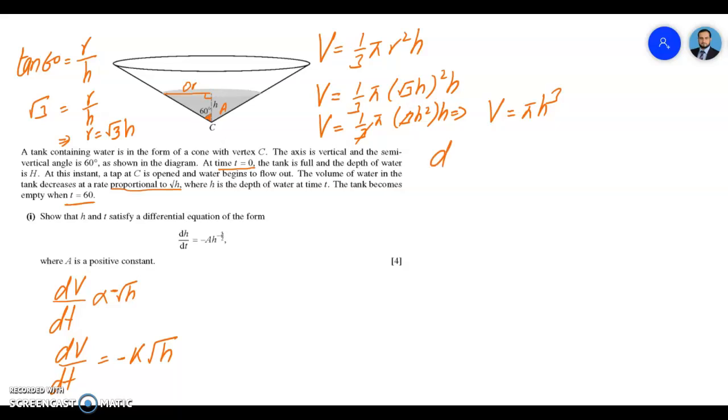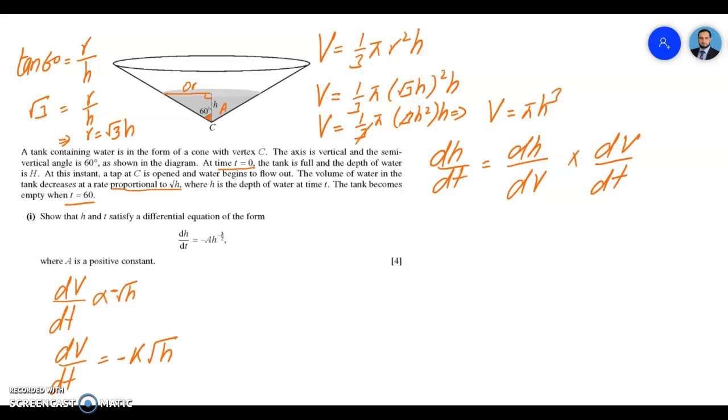So we can use the chain rule. So dh by dt is equal to dh by dV times dV by dt. Since we know dV by dt is already there, which is negative k root h, the only thing we need to do is differentiate this and take the reciprocal of this.